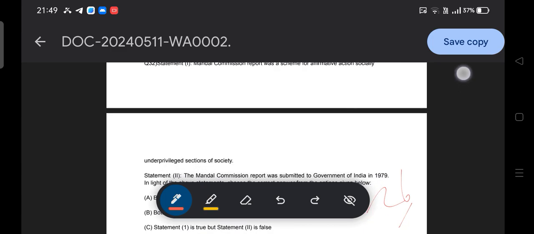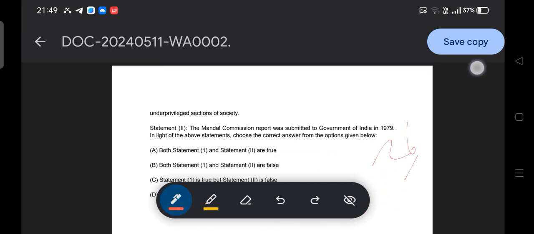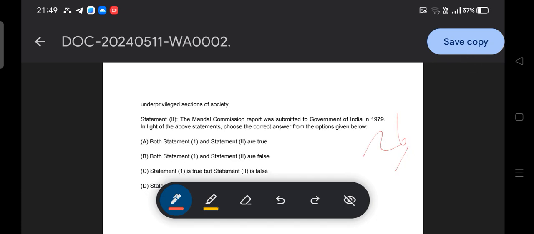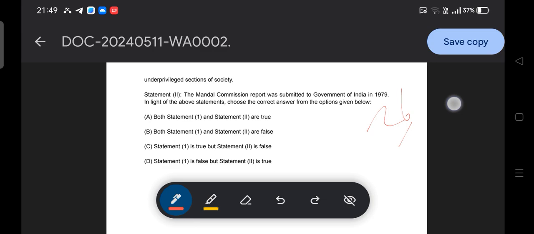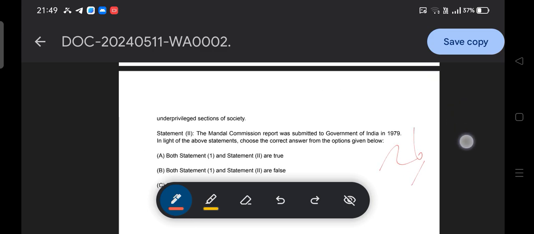Then the second statement, the Mandal Commission report was submitted to the government of India in 1979. So you need to find whether one is correct and another is incorrect. So what is the answer?